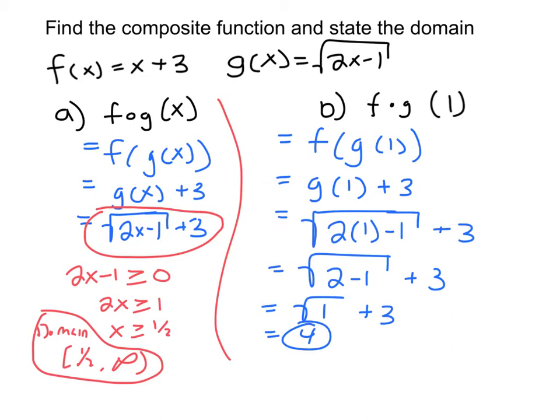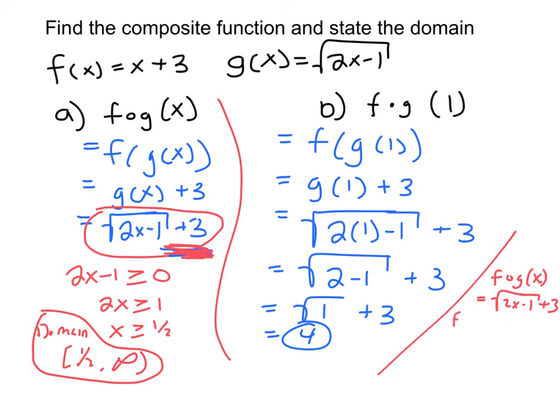Since you had already found f of g of x for part A, you could have also just plugged 1 into the function you'd already found. You knew f of g of x equals the square root of 2x minus 1, plus 3.